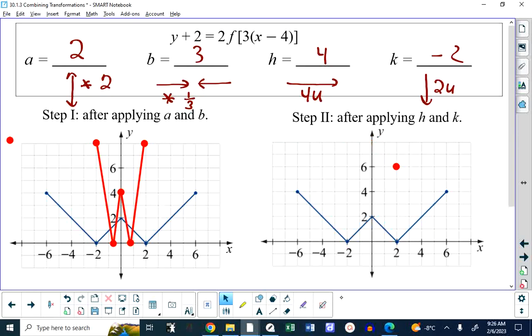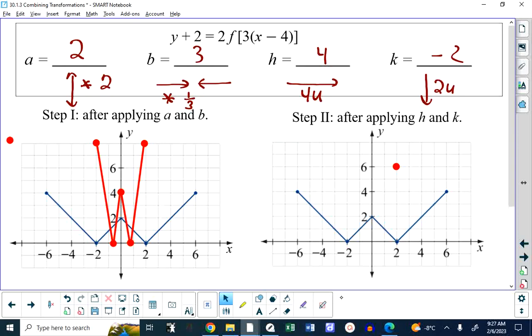But something I think that you should know, when you take a shape and you translate it, it maintains the same shape. So I can draw all of the other points in relation to this point.